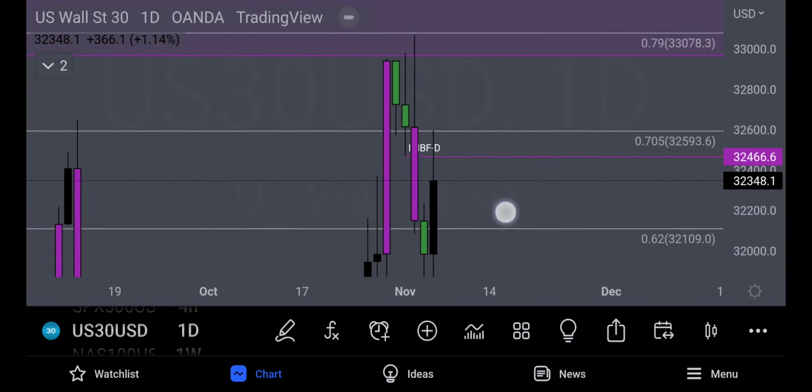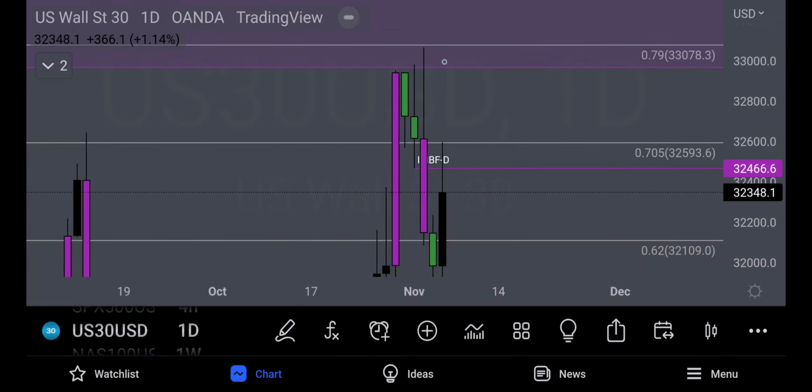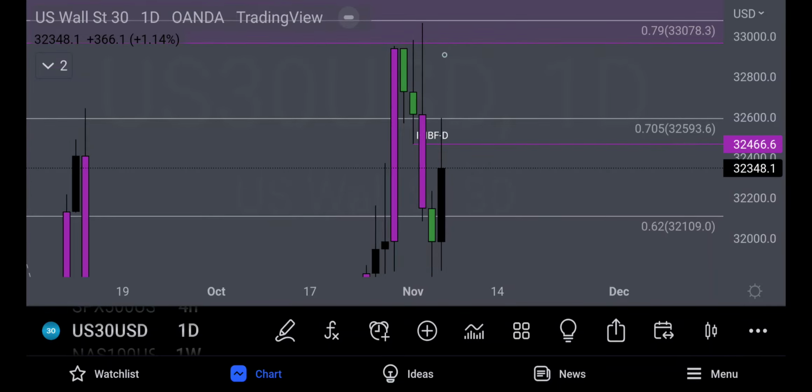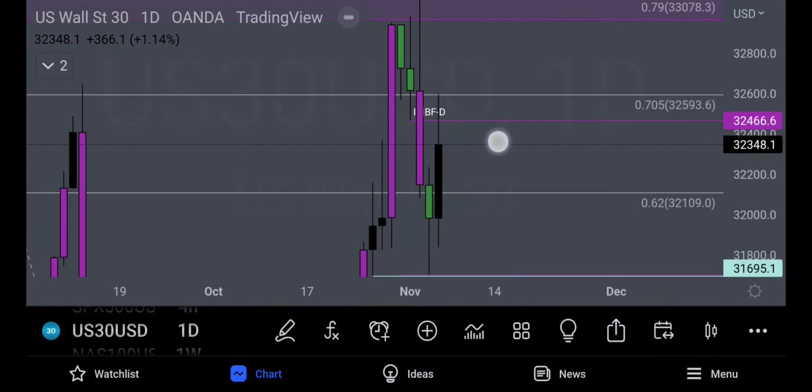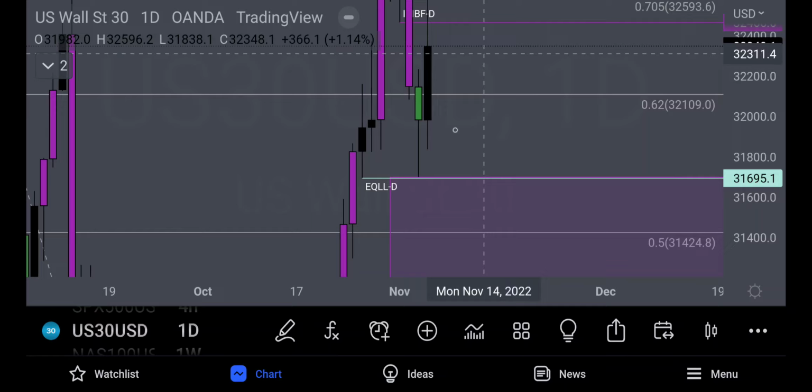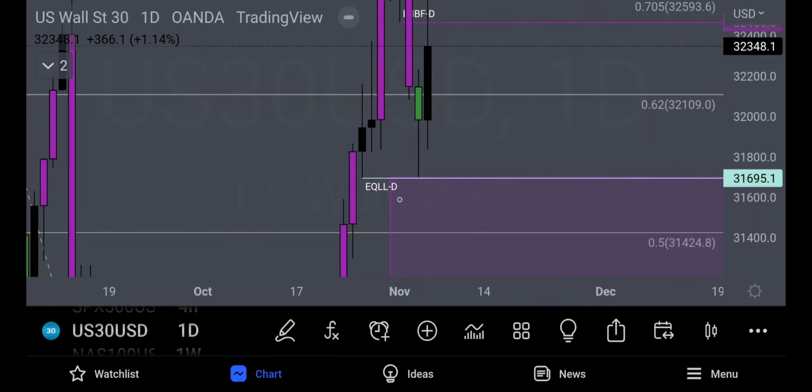Now for me, because we've already tapped into this BPR, we've already tapped into buy side liquidity, the next thing to take out would be sell side liquidity.